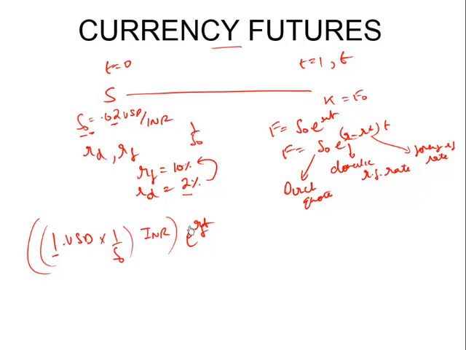So today itself I can enter a forward contract to convert this much INR into US dollar. At a time T later, I will have to convert so much INR into US dollar. So I will enter a forward contract today itself at T equal to 0 to convert this much INR into USD at the rate of F0.